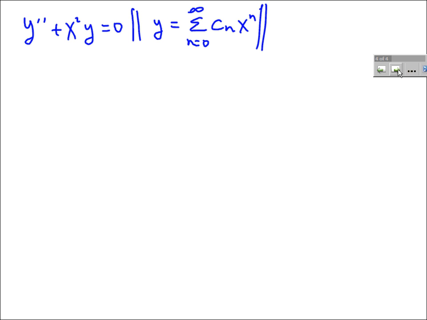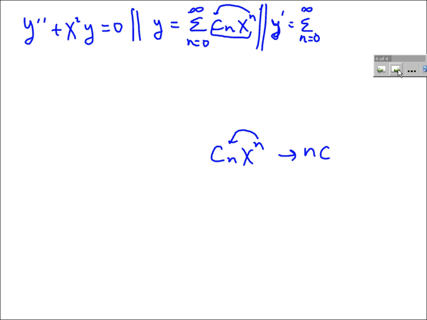Now, when you have a sum and you take the derivative, you can take the derivative one by one. That is, the first derivative is still going to be the summation as n goes from 0 to infinity, and just take the derivative of this. If you have a number times x to the n, you multiply those two, and then you make the new power 1 less.